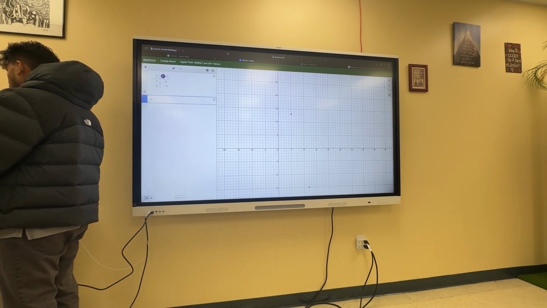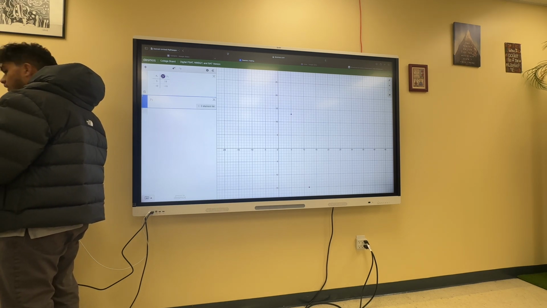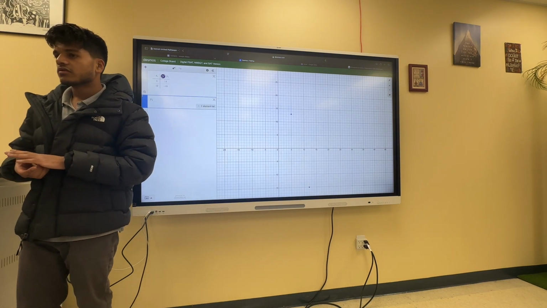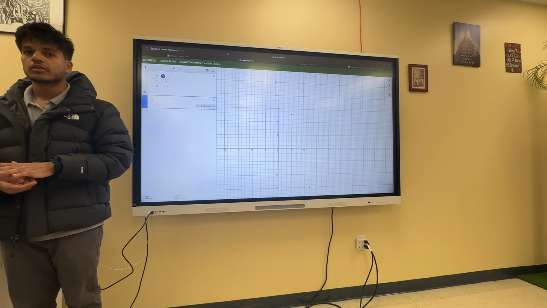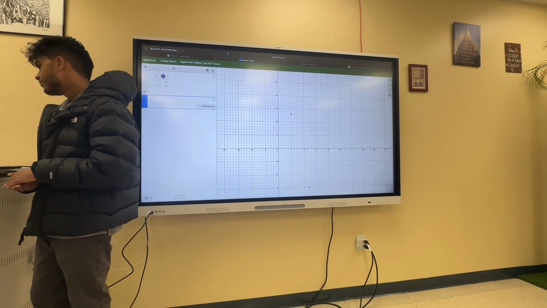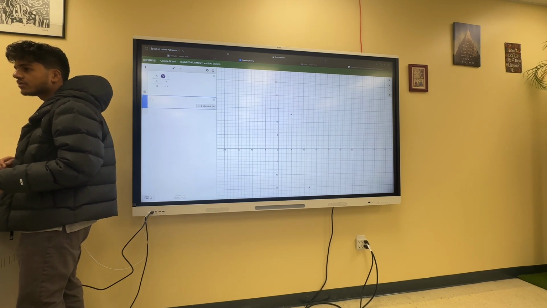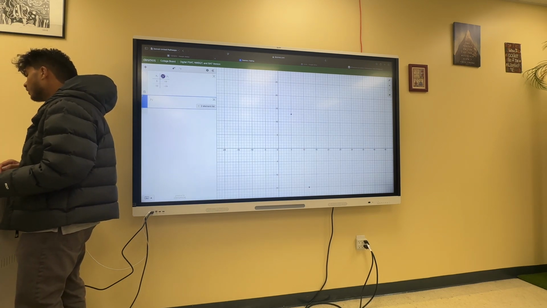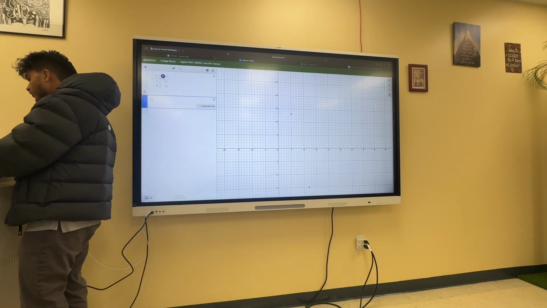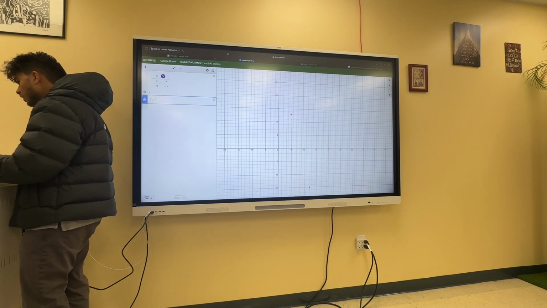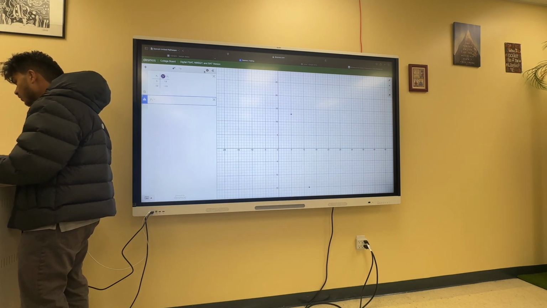Just type in y1, and then, instead of the equals sign, so do you guys know the standard slope equation, y equals mx plus b? All you have to do is plug that into Desmos, but instead of putting y and x, say y1 and x1. Instead of the equal sign, you have to use this funny-looking squiggly.